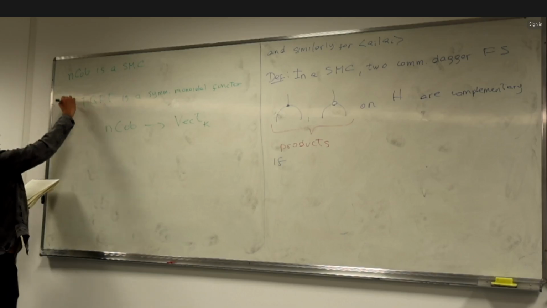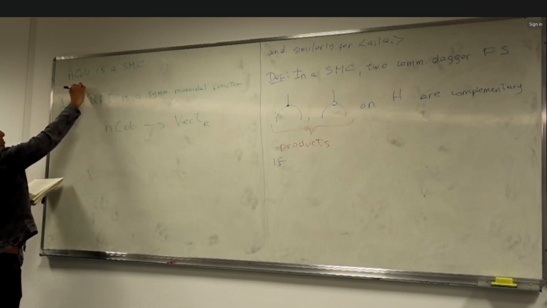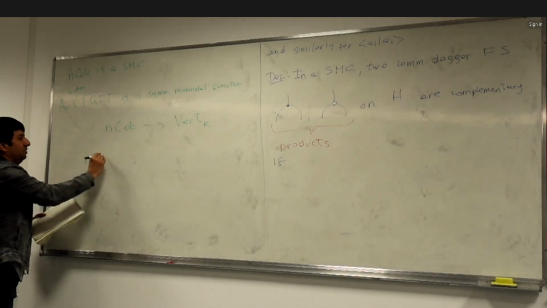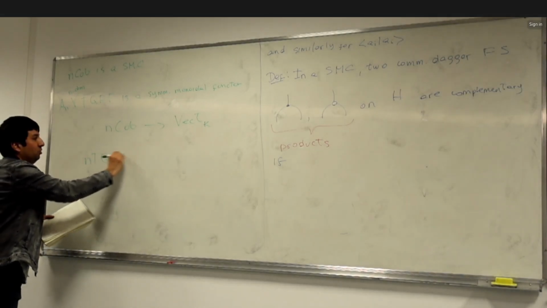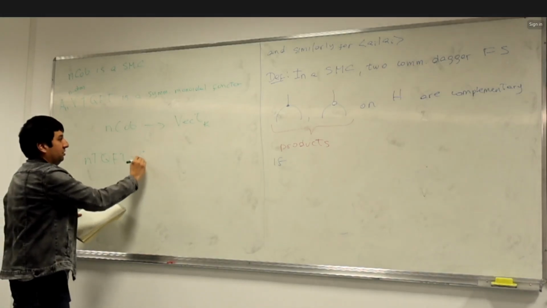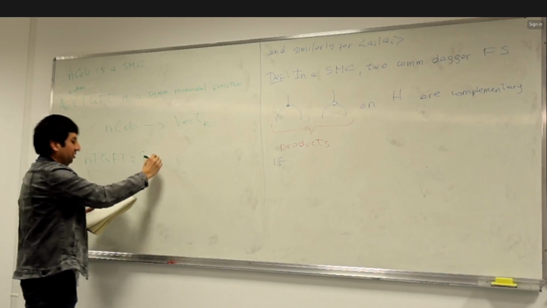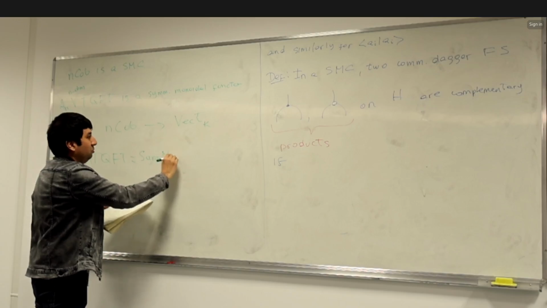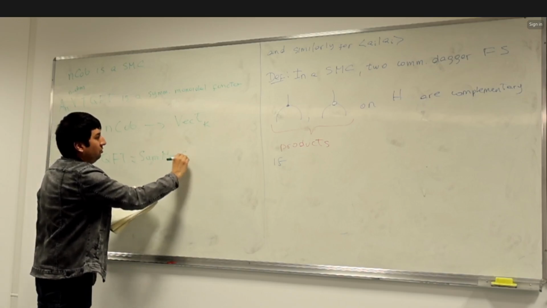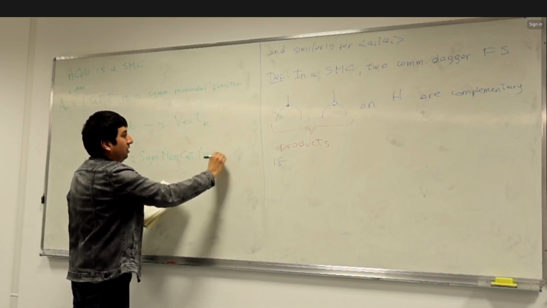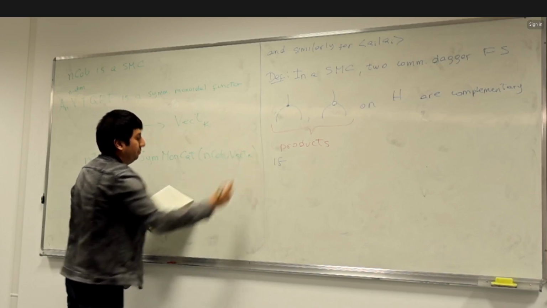And n-dimensional topological quantum field theory: the category of n-dimensional TQFTs is just the category of symmetric monoidal functors, and some people denote this by SymMonCat of nCob and Vect.